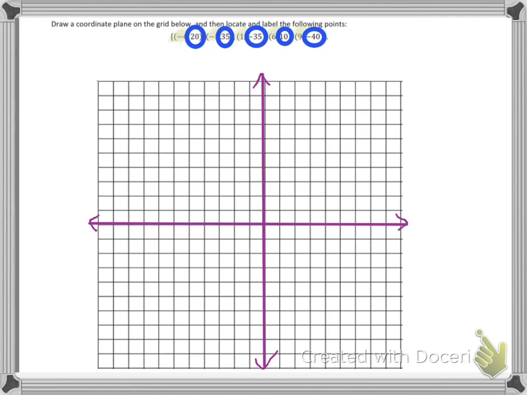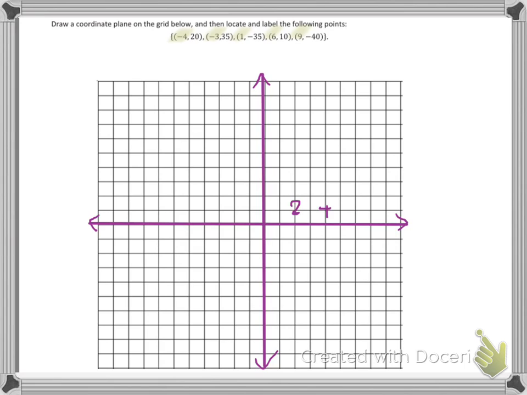So here's what we're going to do. The x-axis is fine because my x values are small enough that they'll fit if I just did what we did before. This is a 2.